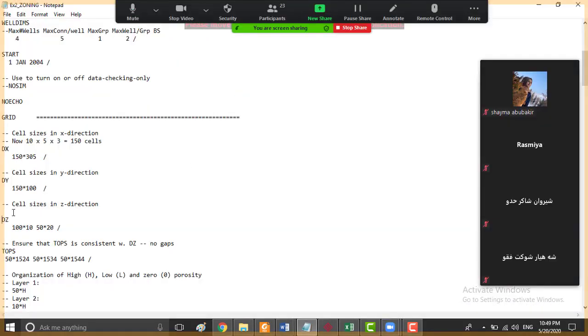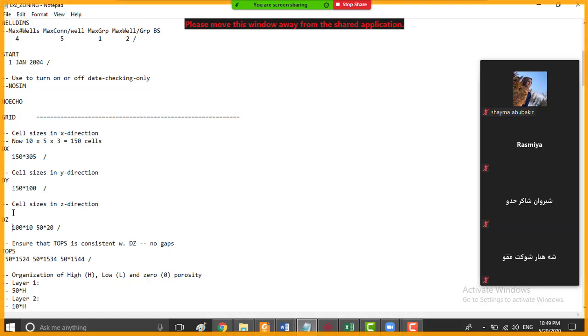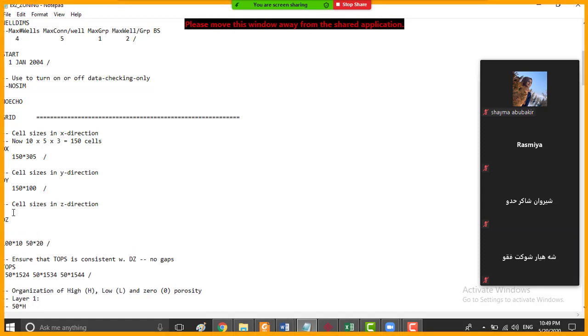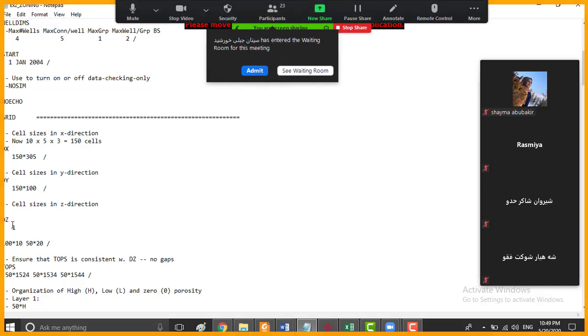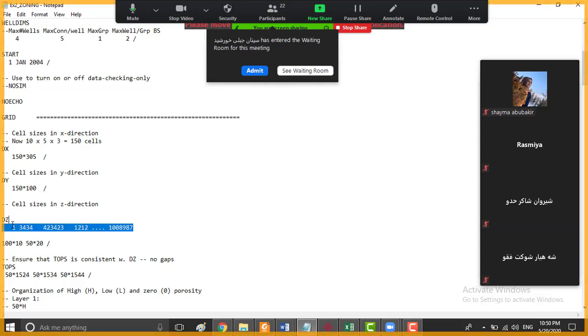So, I was saying, when it comes to this keyword, like every other keyword in the grid section, we have to write the data in front of it. Look at the screen. I have to write the data for 150 cells, right? I have to write the data for cell number 1, for example, a piece of data for cell number 2, a piece of data for cell number 3, right? A piece of data for cell number 4, and I have to do that for every cell up to cell number 150.